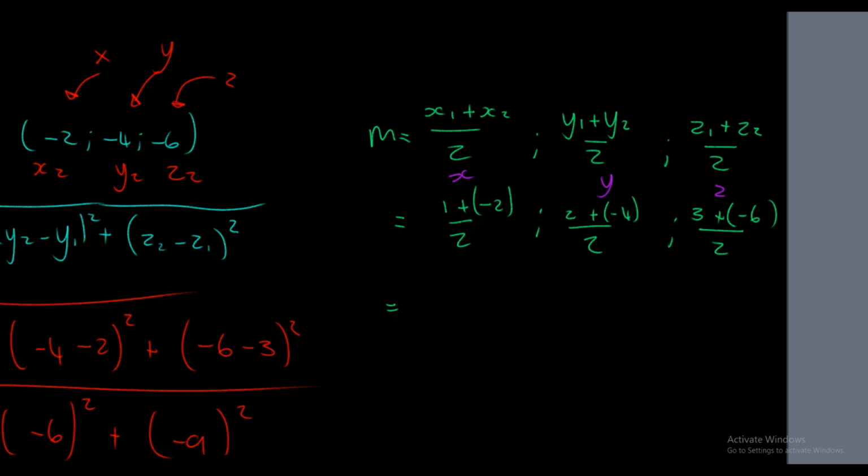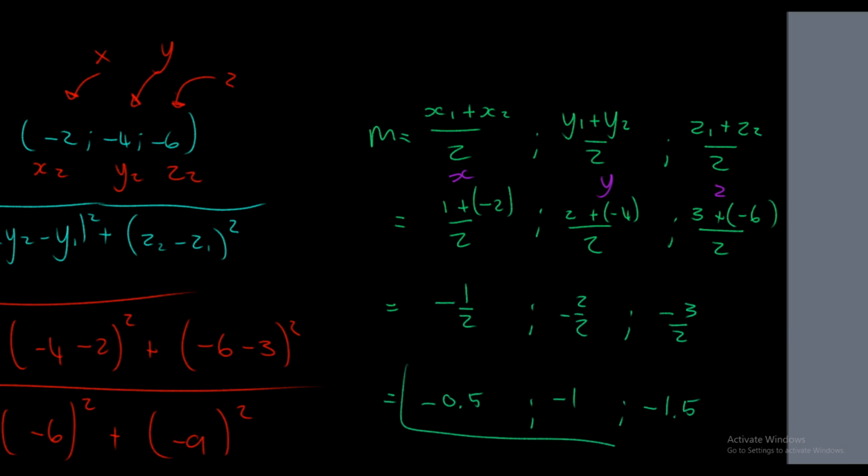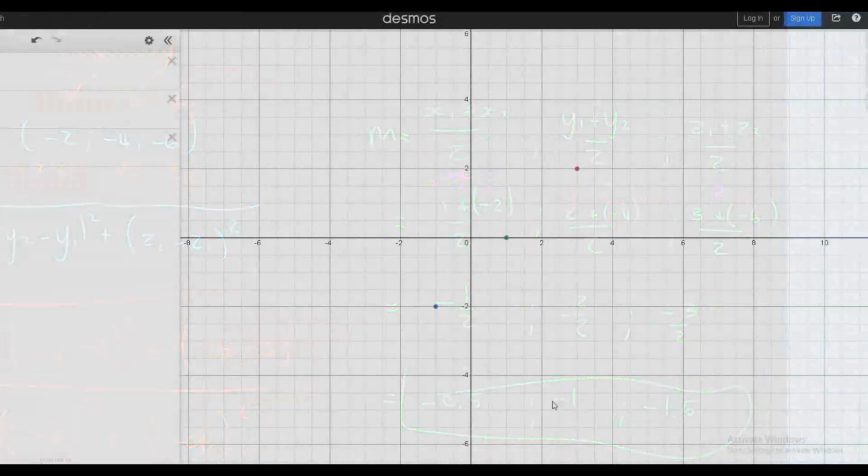Okay. So this one gives me -1 over 2. The next one is -2 over 2. And then the final one will be -3 over 2. Now I can simplify these if I really want to. So I can say -0.5, -1, -1.5. So this is the midpoint between 3 points.